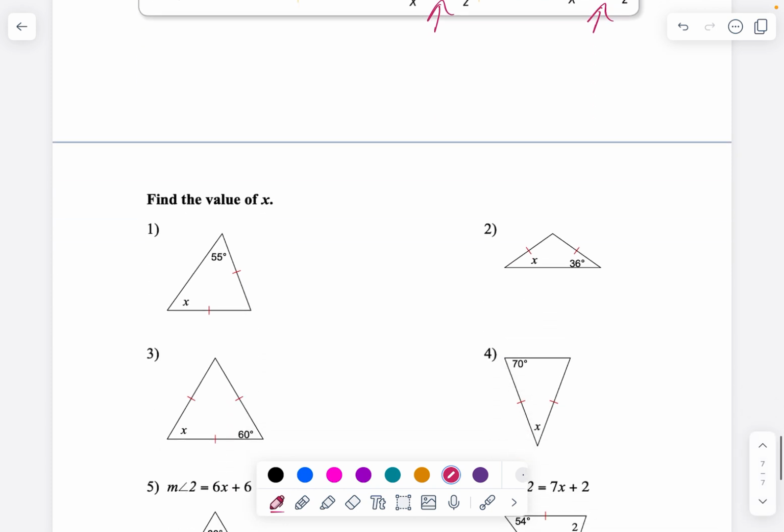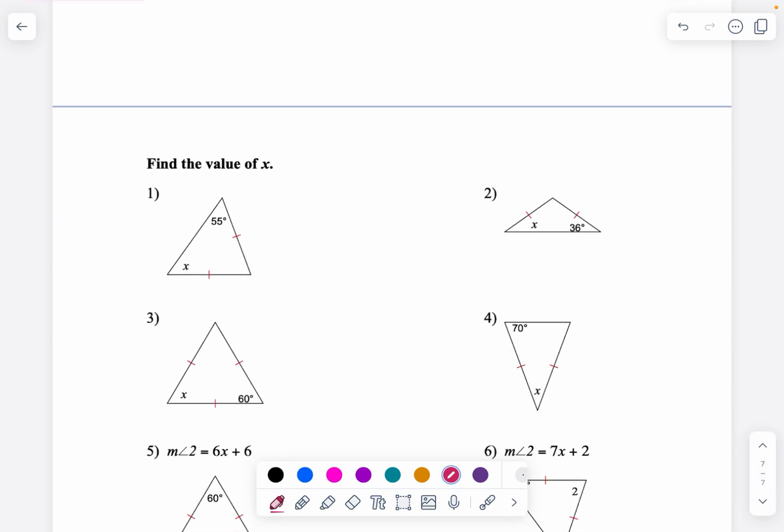Well, let's see what these problems will look like. We're looking at number 1 here. Notice these are the congruent sides, and the base angles are always opposite those congruent sides. If you need to turn your paper, your iPad, so that it looks more like this, do it, right? But because the sides are congruent and then the base angles are congruent, we know that x has to be 55 degrees.